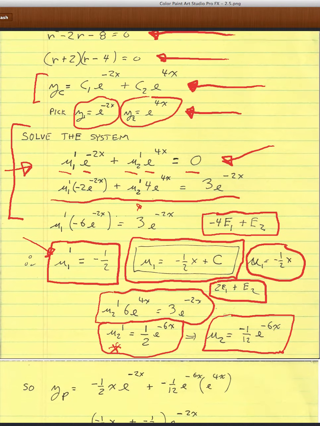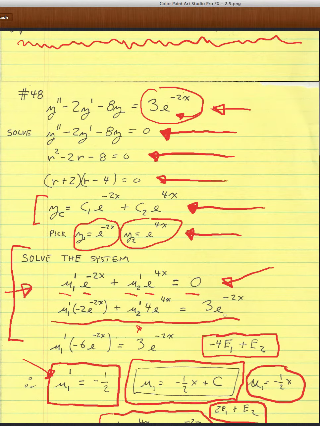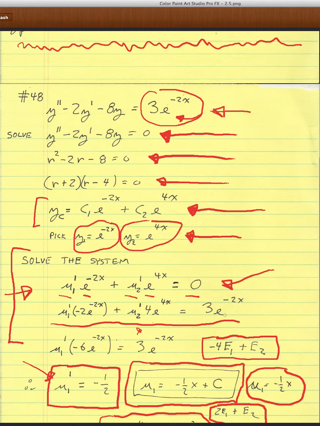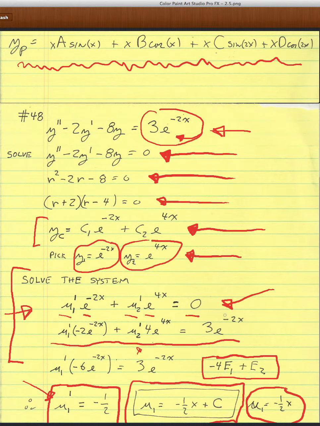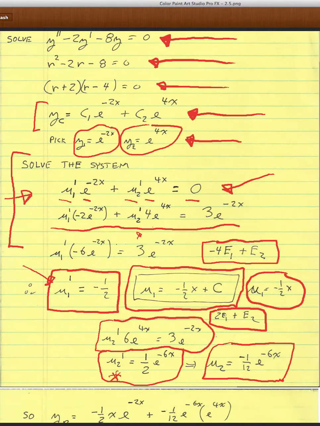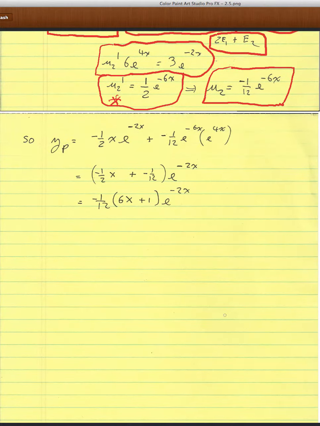Okay, putting this all together, I think I failed to tell you what the punchline is here. The punchline, and you should look in the text, is that our particular solution will be equal to this u1 times y1 plus u2 times y2.